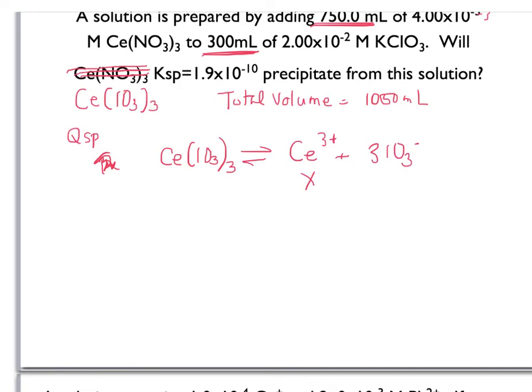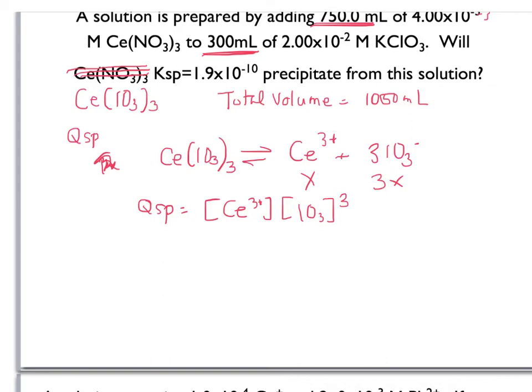So this is X, this is 3X. But now when we do our equilibrium or our QSP expression, QSP is going to equal the concentration of Ce3 plus times the iodate, but we got to cube this one because we have a power of 3. Okay, so there's my equilibrium expression.